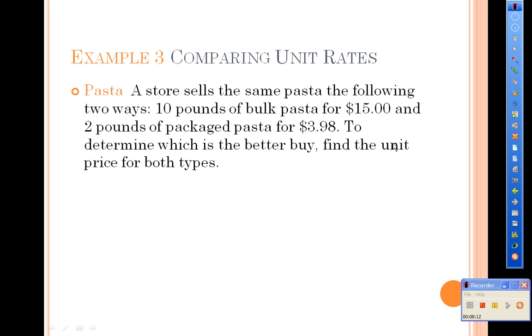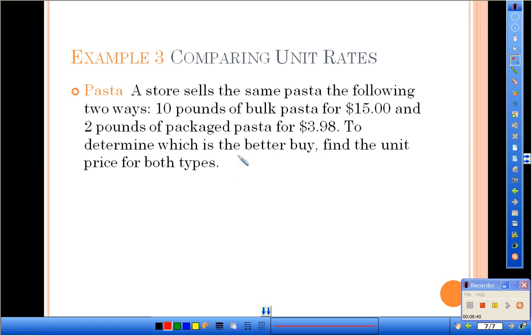Now sometimes you're going to have to compare unit rates, especially if you're trying to find the best buy. This example has to do with pasta. It says the store sells the same pasta in the following 2 ways. 10 pounds of bulk pasta for $15 and 2 pounds of packaged pasta for $3.98. To determine which is the better buy, find the unit price for both types.